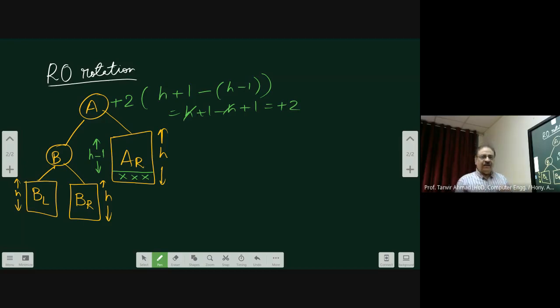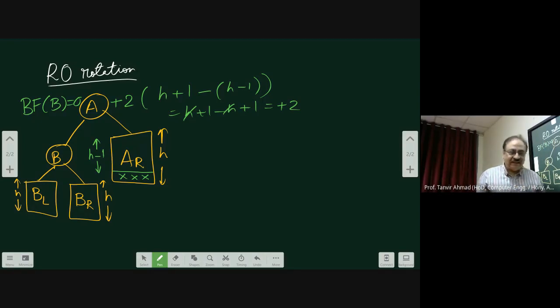Now, how will I come to the conclusion that in this case the rule is that the balance factor of B is 0? The balance factor of B is equal to 0.